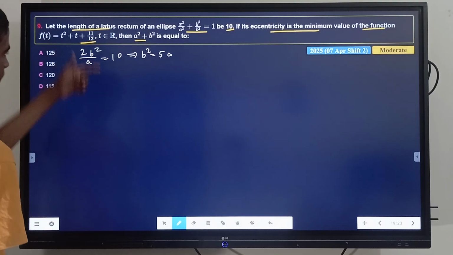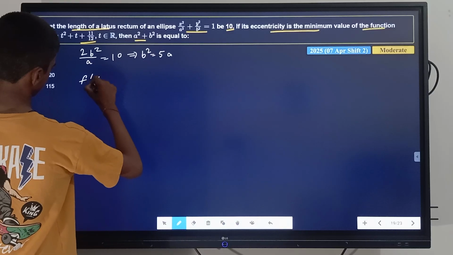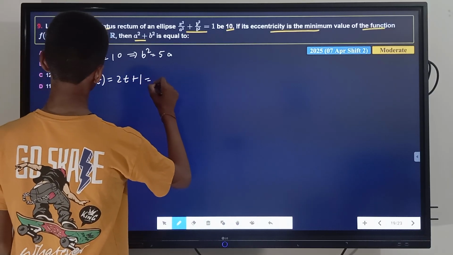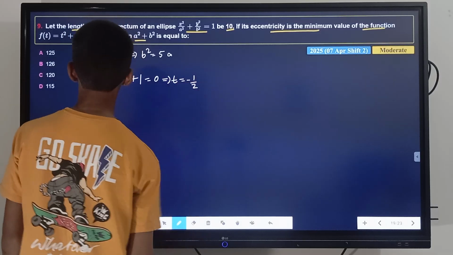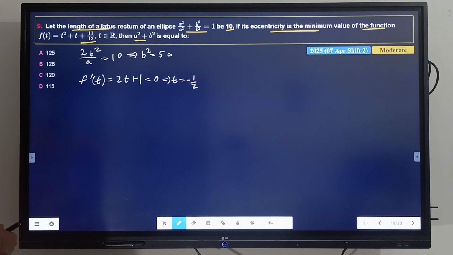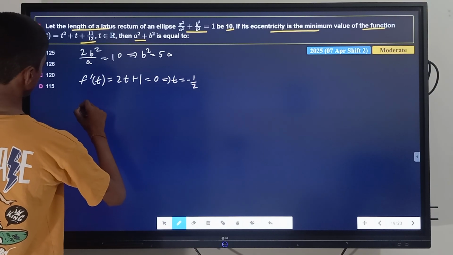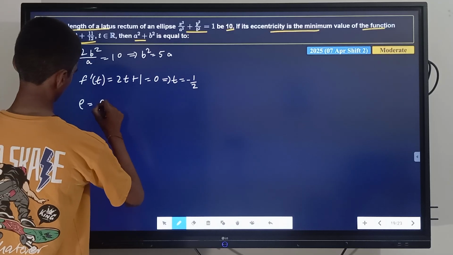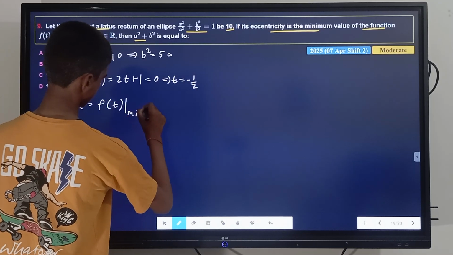This is clearly an upward facing parabola, so we will take the derivative. We get 2t plus 1 is equal to 0, t is equal to negative half. And then our e is equal to f of t min.